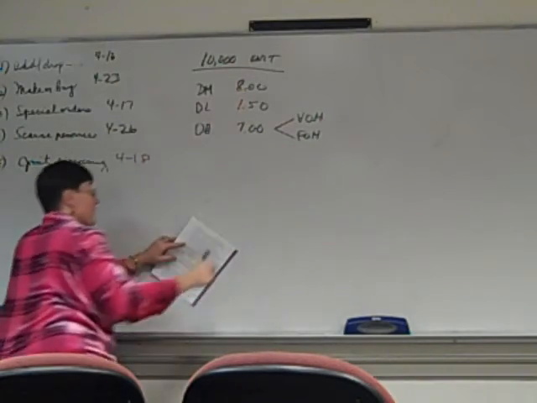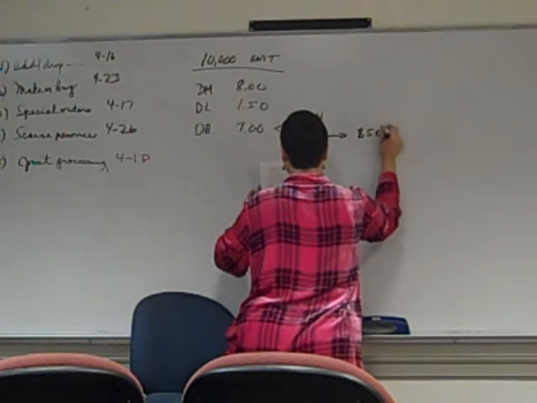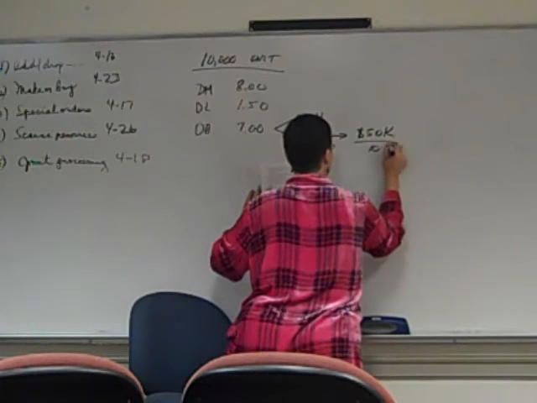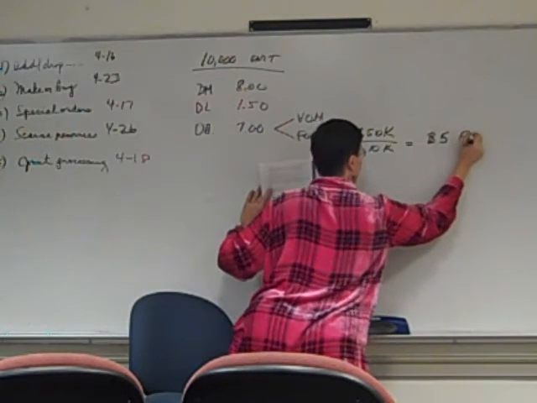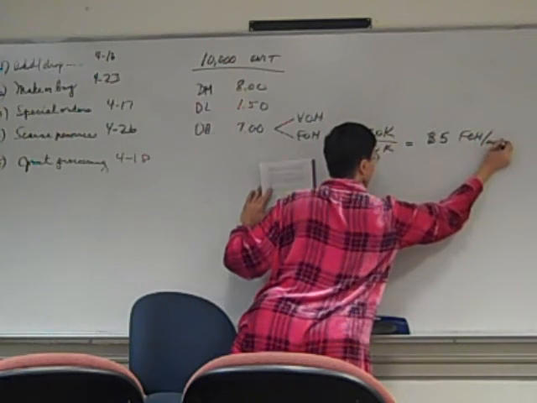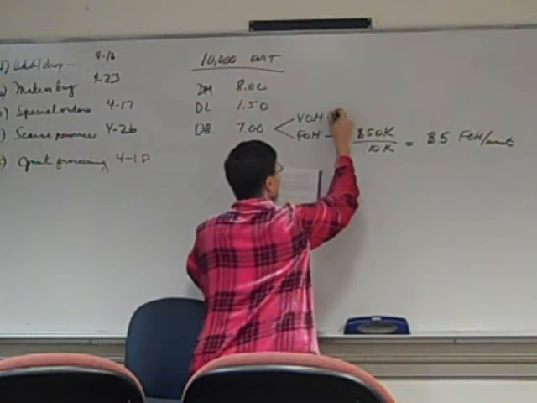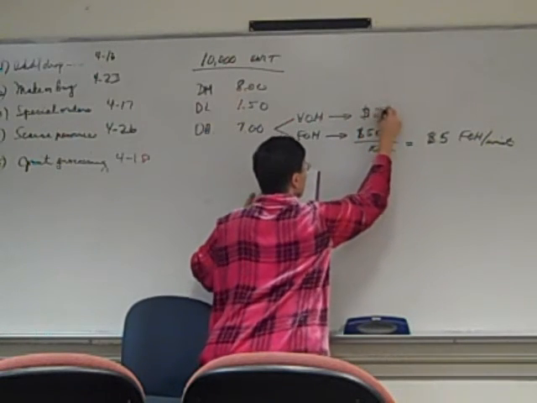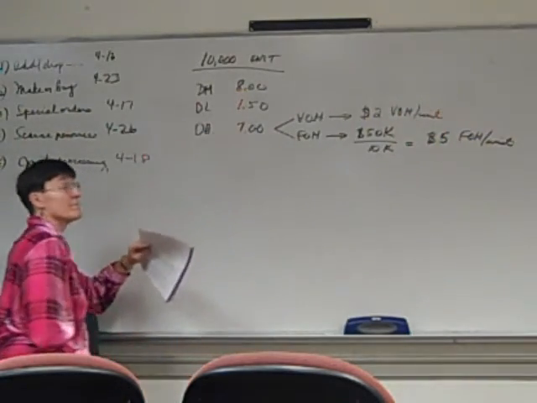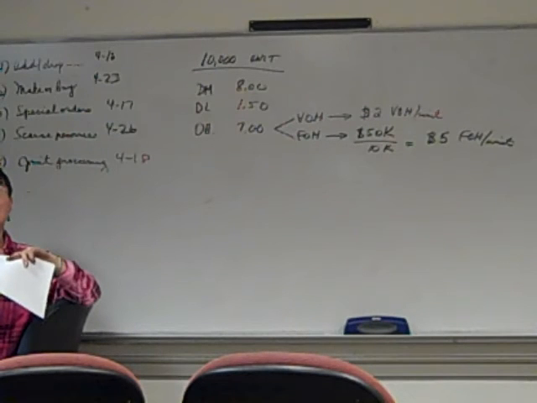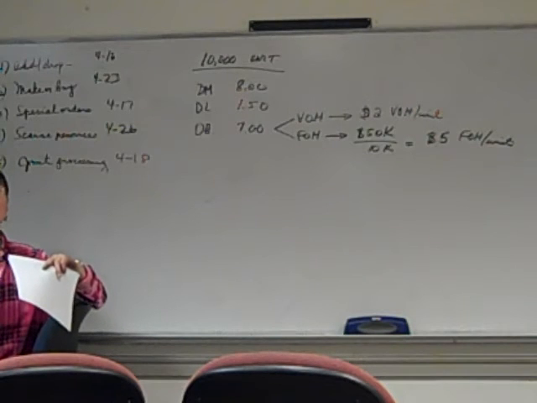So what that tells us is if our fixed overhead is 50,000 and they're spreading it over these 10,000 units, our fixed overhead is $5 a unit. Well, if our overhead is 7, that means our variable overhead is $2 per unit. Okay? So what we now have is all of our costs broken into variable and fixed.